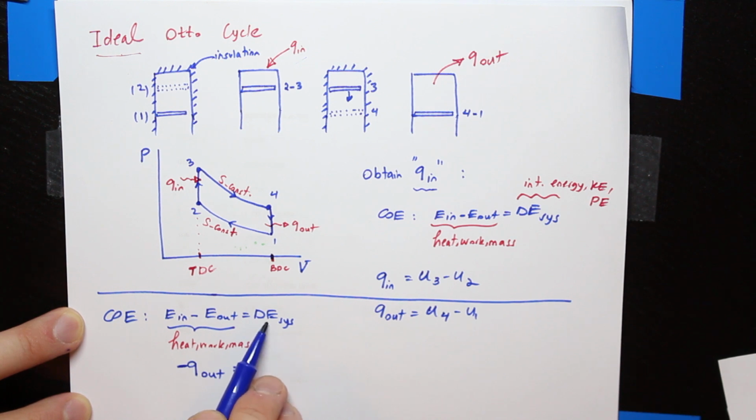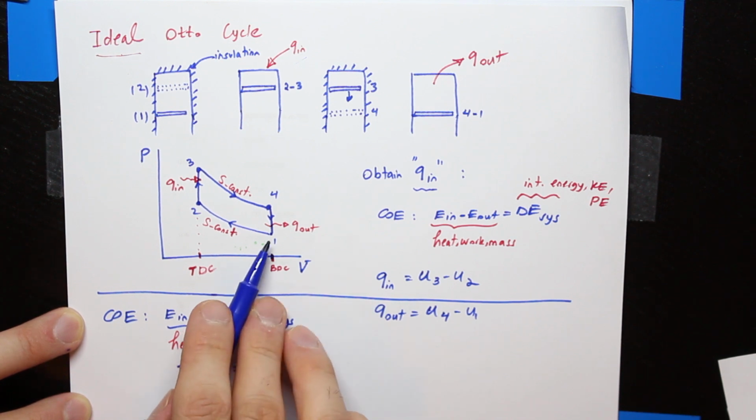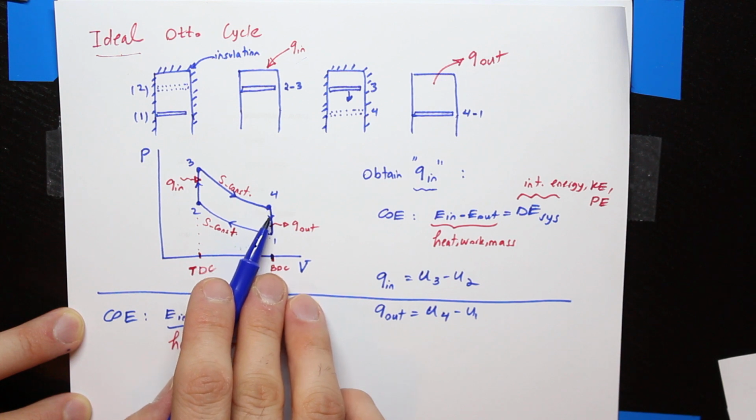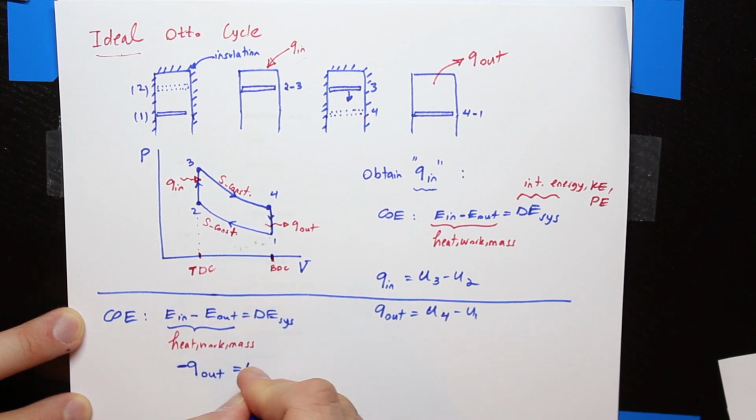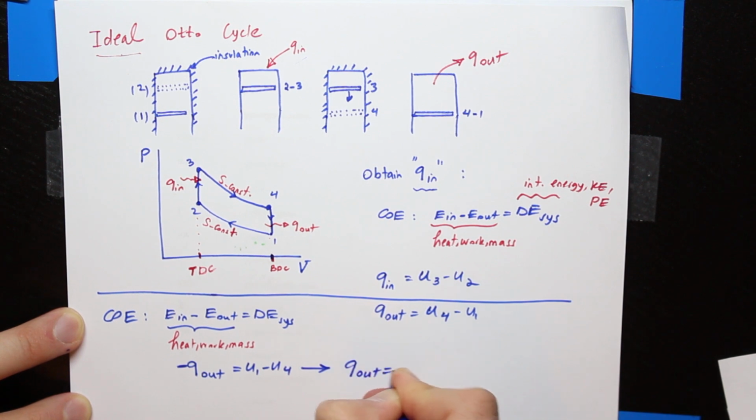So U final minus U initial, and final is 1, initial is 4, because I'm focusing on this process, U1 minus U4. So that gives me Q out is equal to U4 minus U1, exactly what you have here.